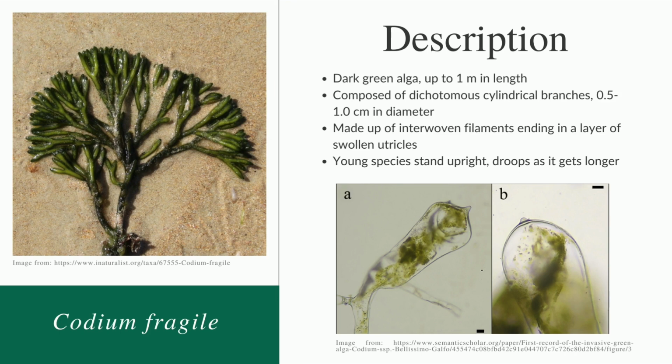The segments look like dark green fingers, hence the name deadman's fingers. It is made up of interwoven filaments ending in a layer of swollen utricles that cover the surface of the thallus. Its holdfast is a broad sponge-like cushion of tissue, and the surface is soft, so it is sometimes mistaken as a sponge. Young specimens of Codium fragile stand upright, then it droops as it gets longer.